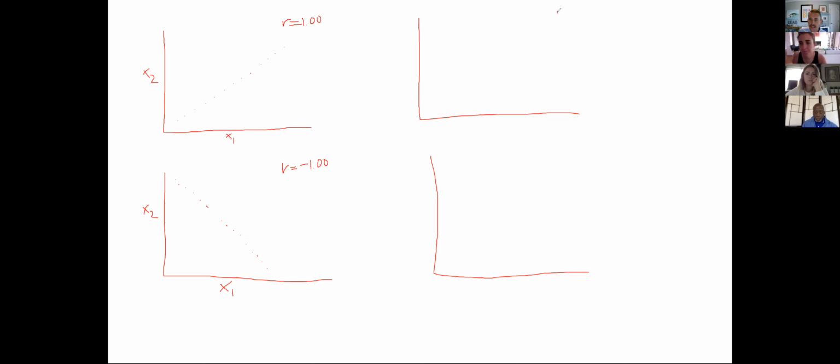Now, if something is r equals 0, there is no correlation at all. Do you see that? As X1 increases, X2 does not increase in any meaningful way. There's no relationship here. This right here is umbrella sales and rain.